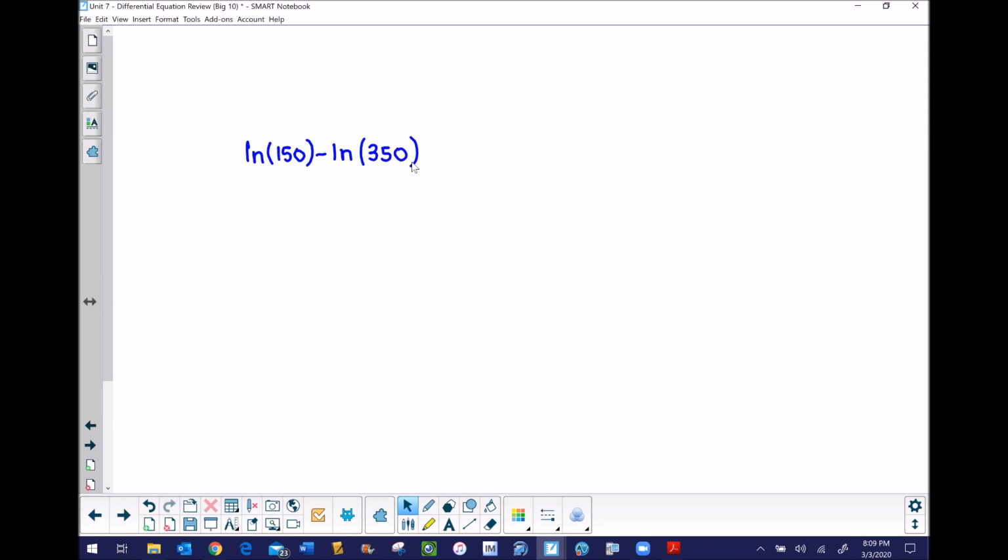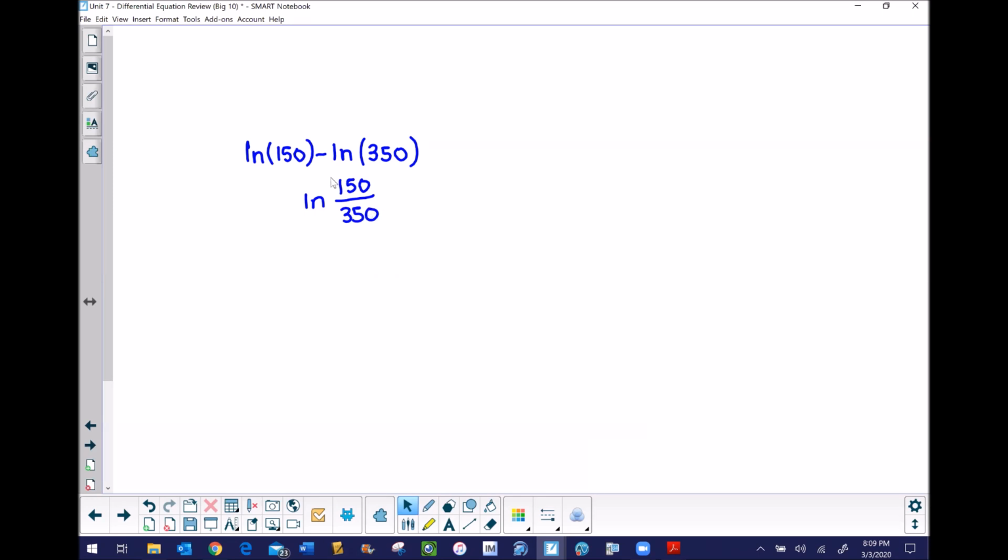If you see something like this, you're at least going to have to consolidate these two into one single logarithm. And since this is a subtraction, you'll use division. 150 over 350. That's the bare minimum of simplification.